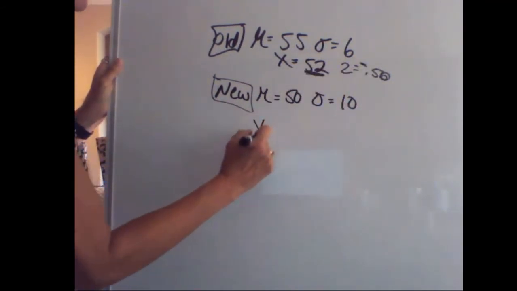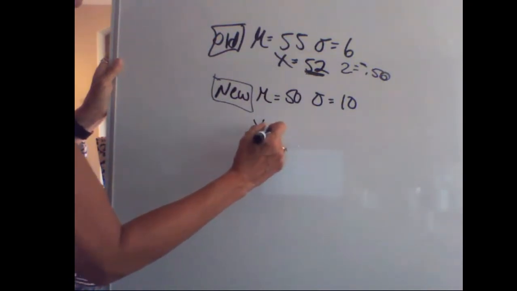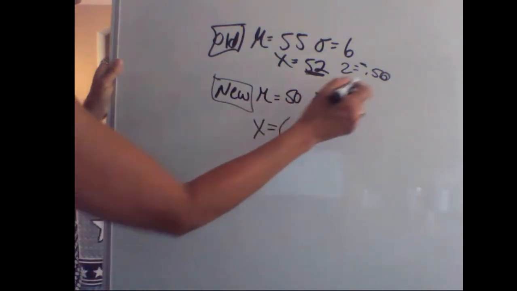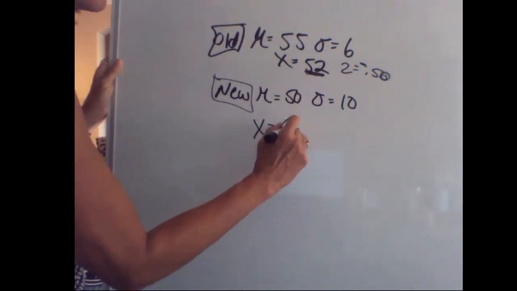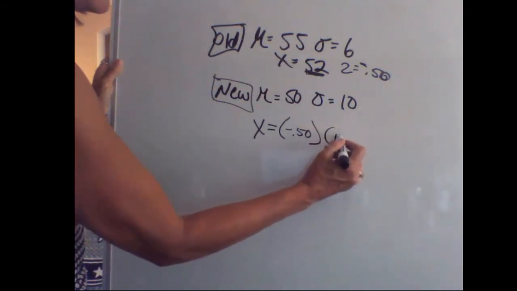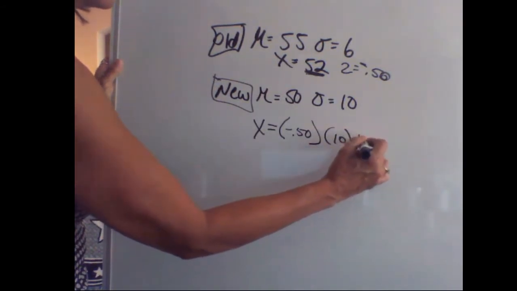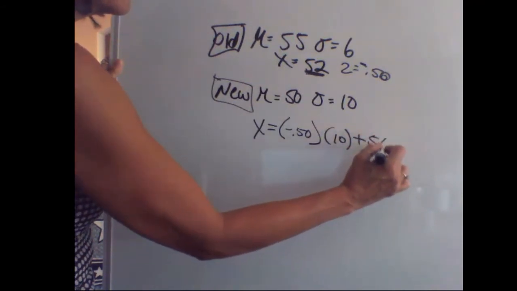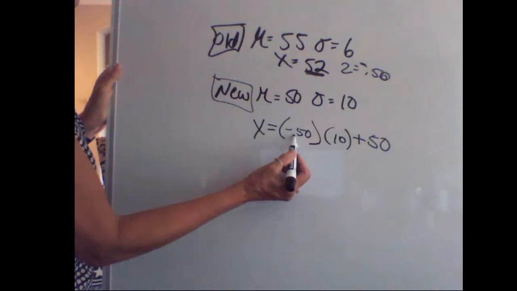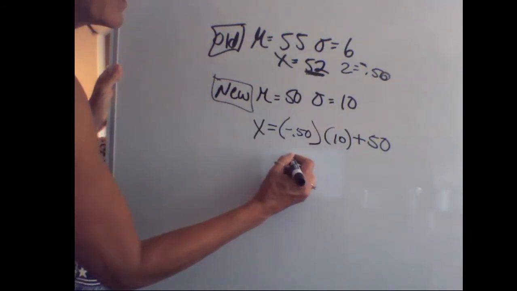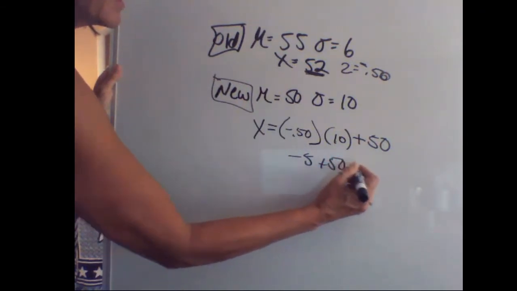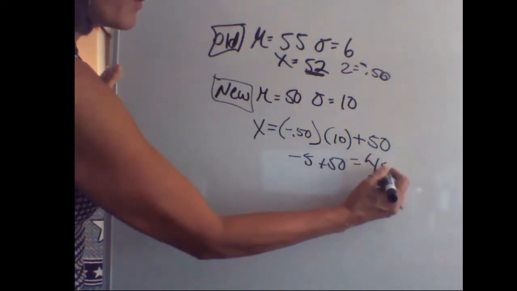So in this case, the score is unknown, and we're going to use that fancy formula I showed you previously, where we're going to take the z-score of negative 0.50, we're going to multiply it by the new standard deviation of 10, and we're going to add the new mean of 50, and so we'll do this formula. Negative 0.5 times 10 gives us negative 5, plus 50 gives us a score of 45.